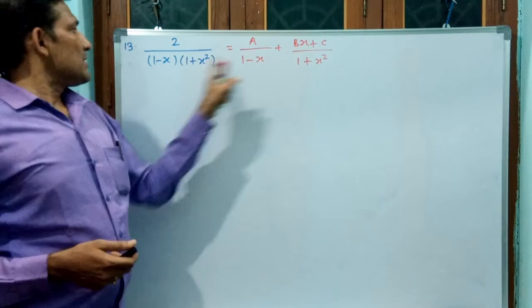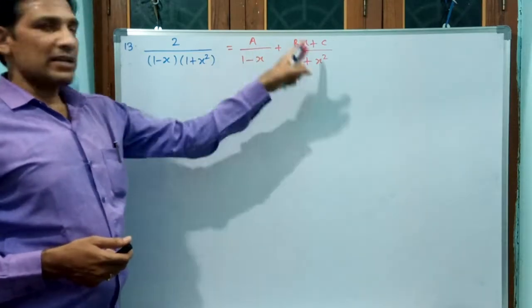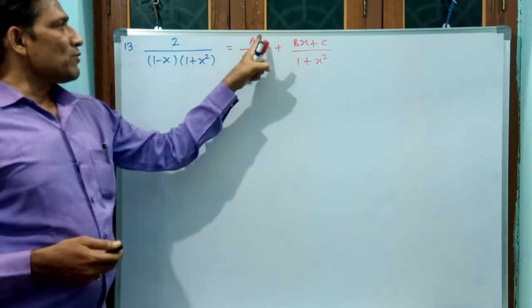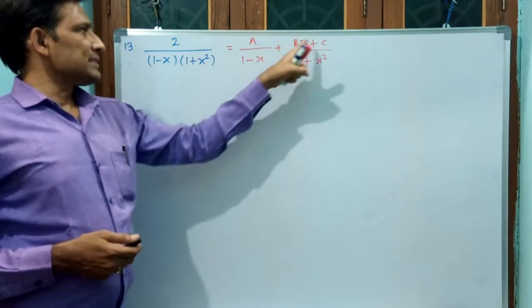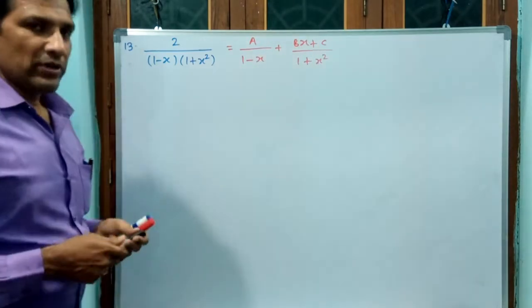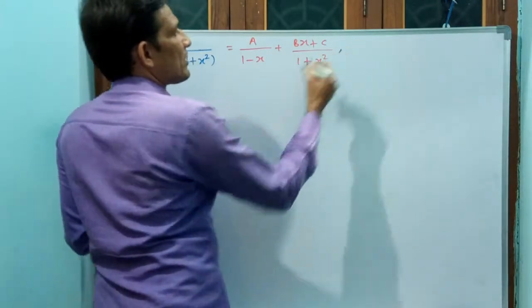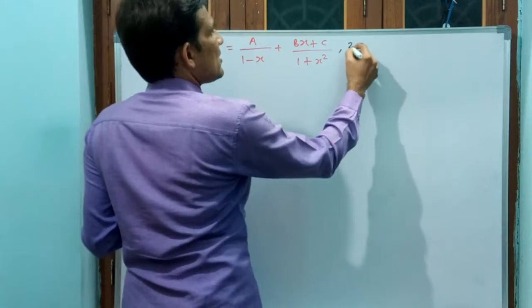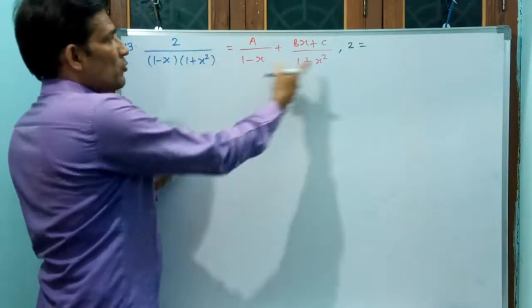Now you see, the LCM is the same as earlier, only numerators we will match. If you match the numerator, then 2 is equal to a into (1 plus x square) plus (bx plus c) into (1 minus x). See how I am writing. Again I am writing 2 is equal to, only the numerator I am taking.